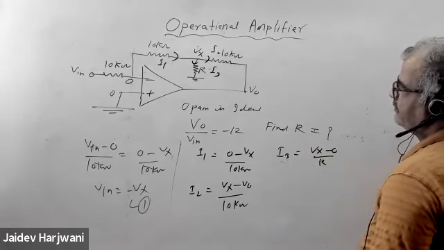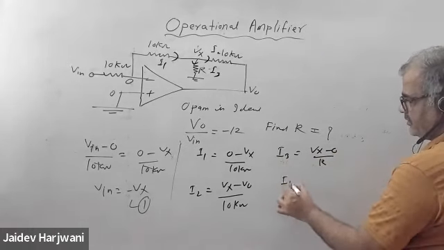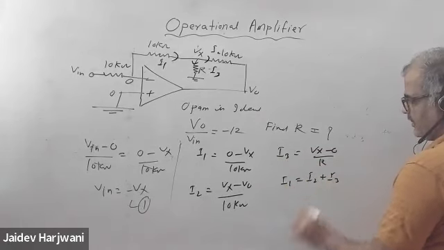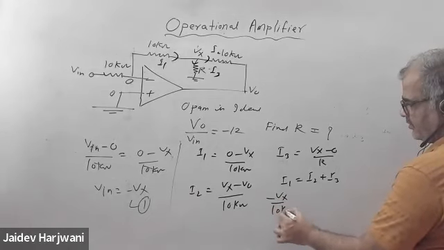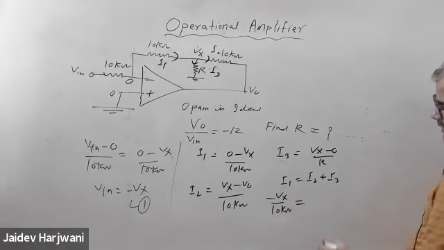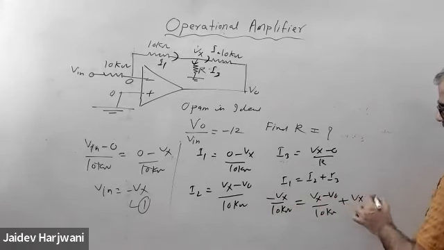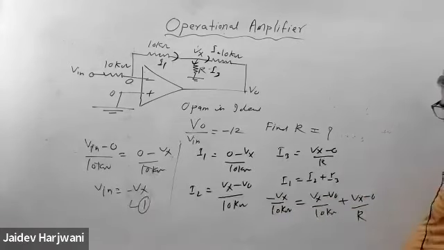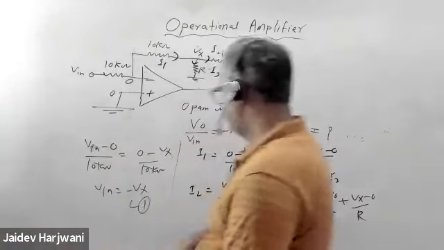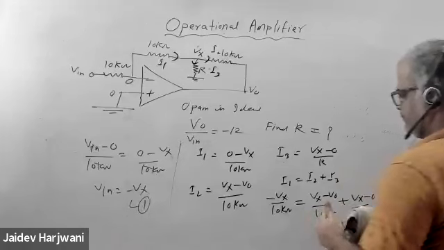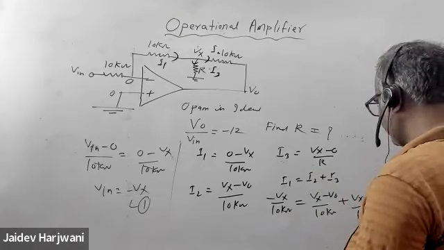Now incoming current and outgoing current are equal, so I1 will be equal to I2 plus I3. This is minus Vx upon 10 kilo ohm equals I2, which is Vx minus V0 upon 10 kilo ohm, plus Vx minus 0 upon R. Now you want this Vx value, so bring all the Vx terms to one side.